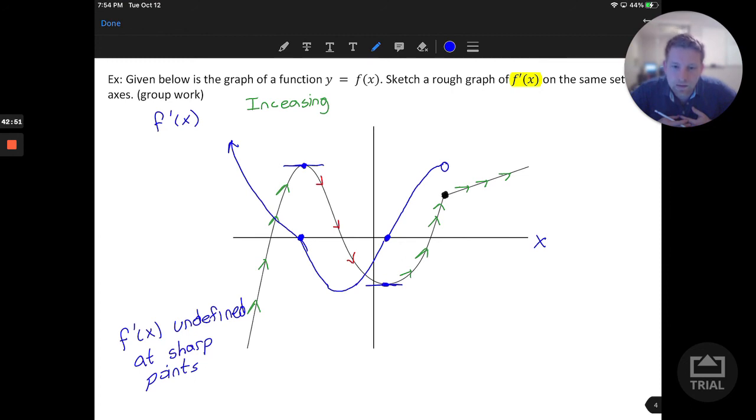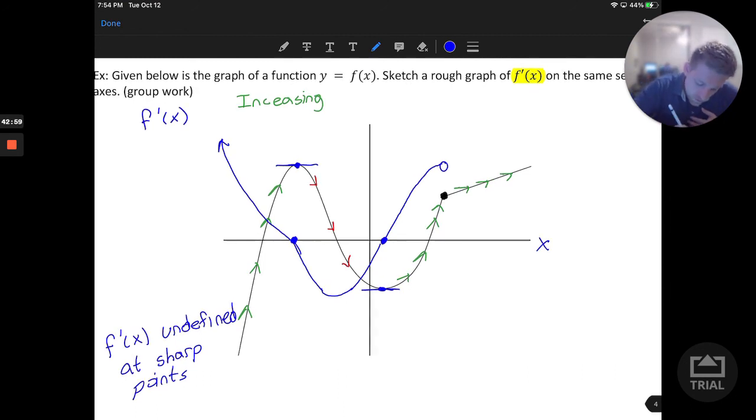And then if we consider the last little segment of our graph, we actually have a linear function for the rest of this graph. So this is a constant rate of change. And so the derivative graph should be constant whenever we have a linear function. This slope doesn't look super steep.